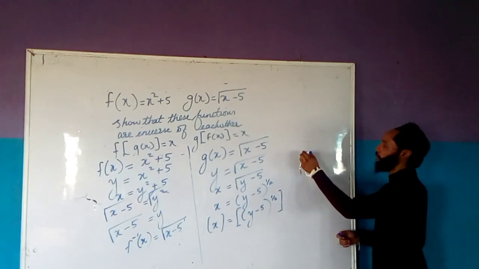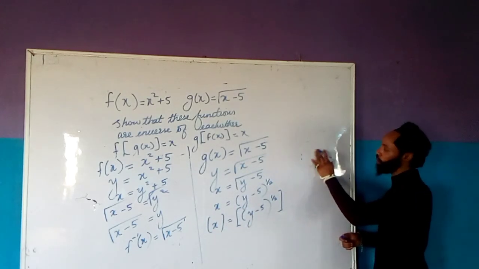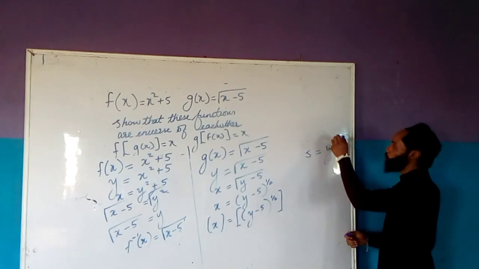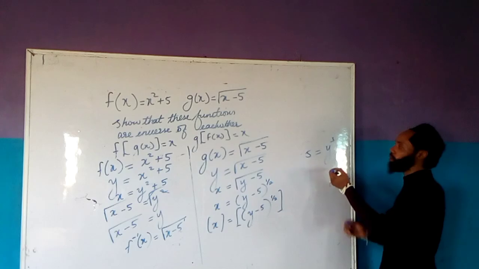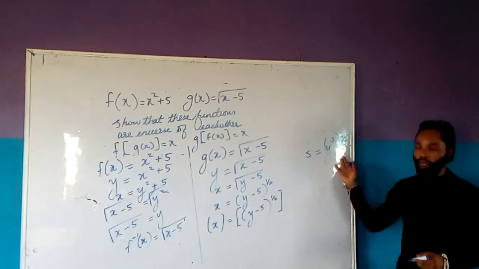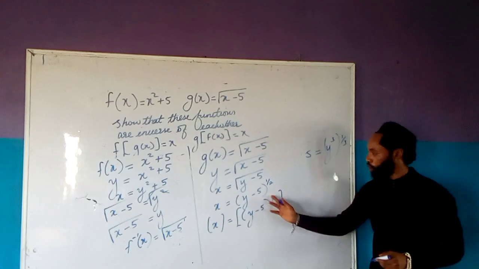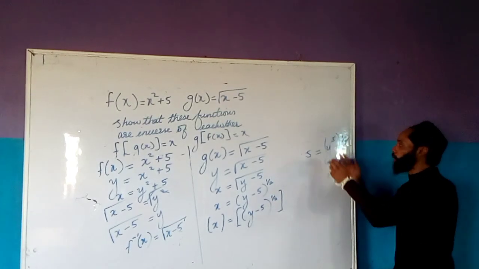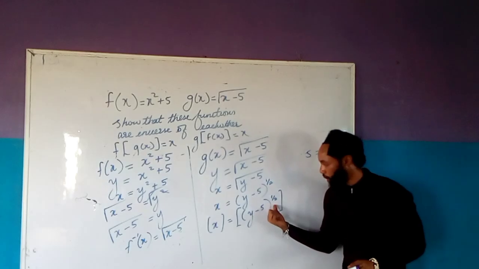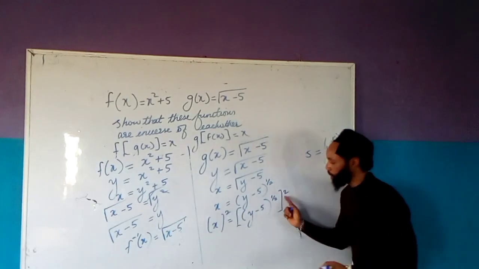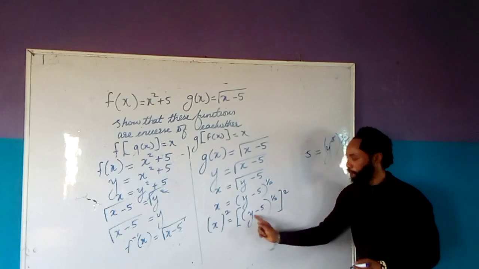If you have, let's say, x equals y raised to power 3, you can get y alone by raising to the reciprocal power. The reciprocal of 1 over 2 is 2. So if you square this, you'll be left with y. The same thing we're doing here. So we square both sides. The idea is to just get this term by itself.